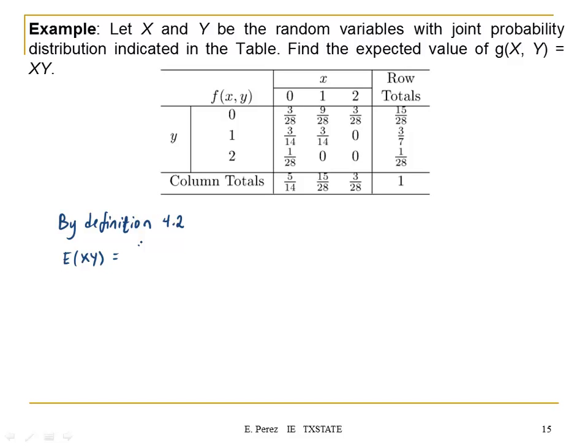The summations. And the reason for that is because this is a discrete distribution. Okay? So we look at the summation from x equals 0 to 2, and the summation from y equals 0 to 2 of x and y, f of x and y.